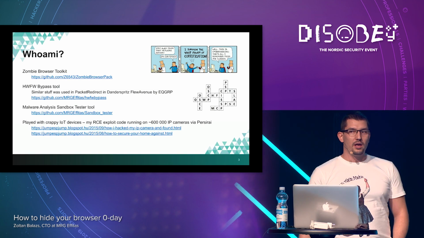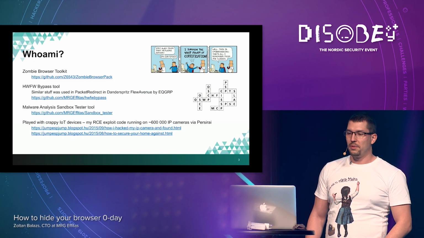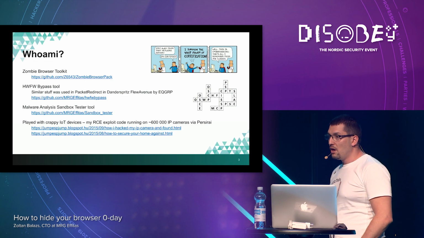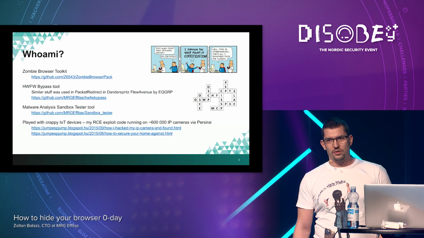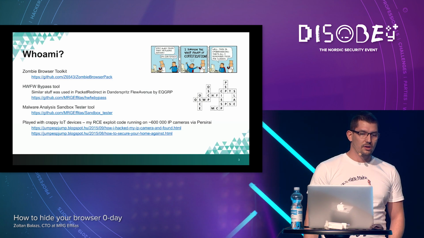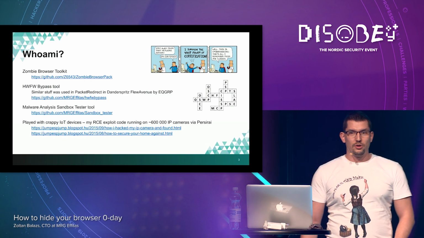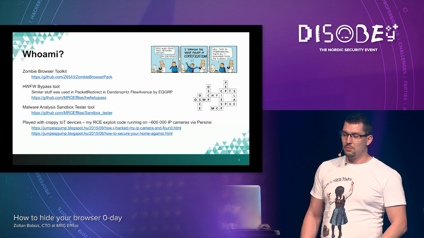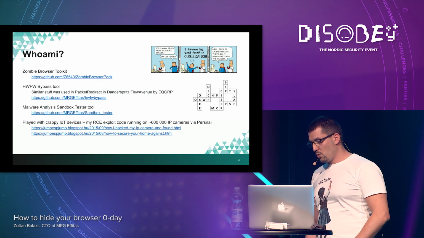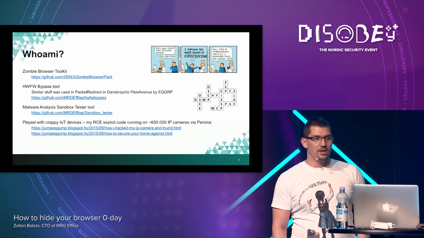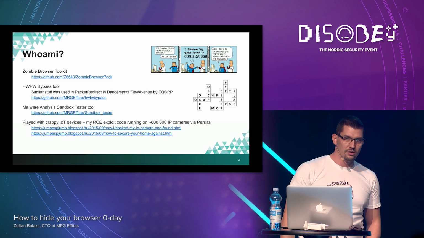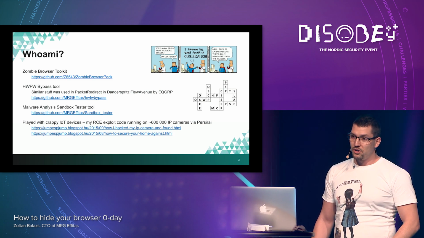I also did play a little bit with some crappy IoT devices, and I published some code which was a remote code execution code, and turned out it was integrated by the bad guys, and my code was running inside the Persirai botnet. So actually, I wrote a code which was running on 600,000 cameras.